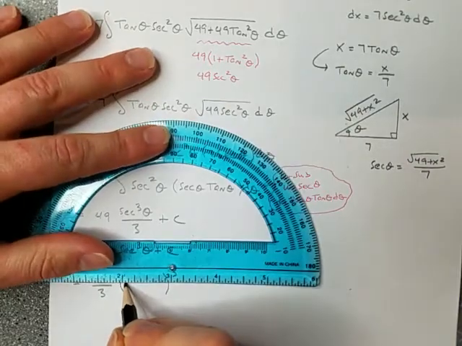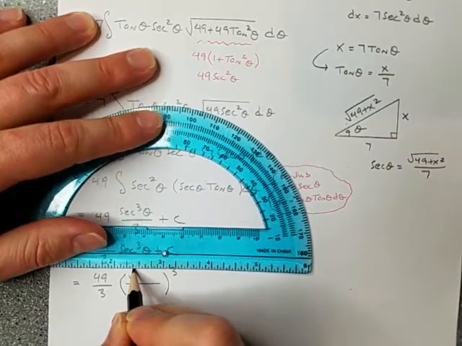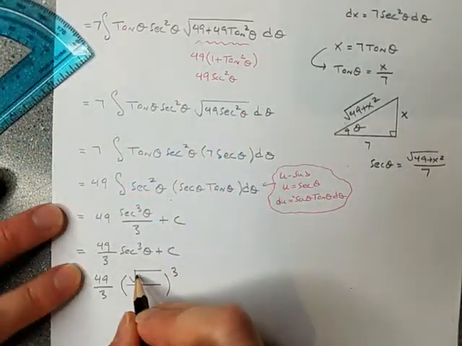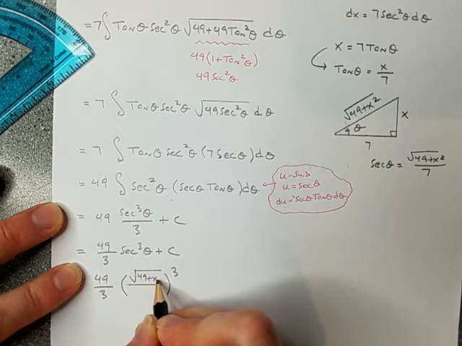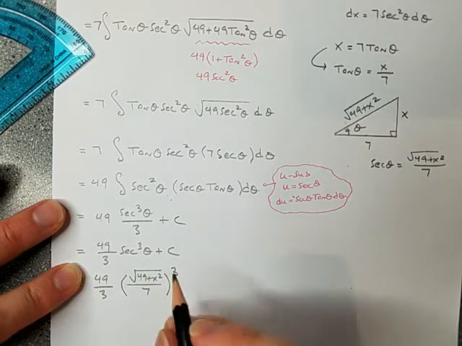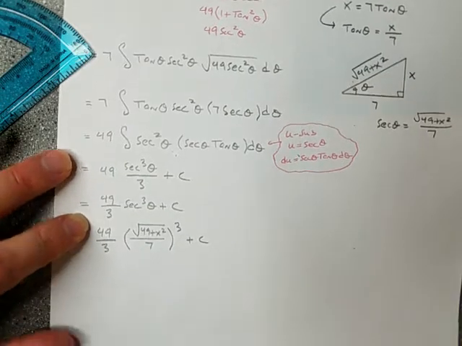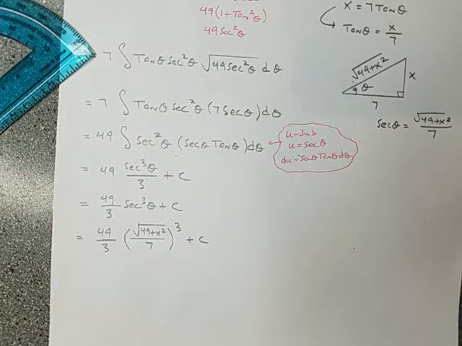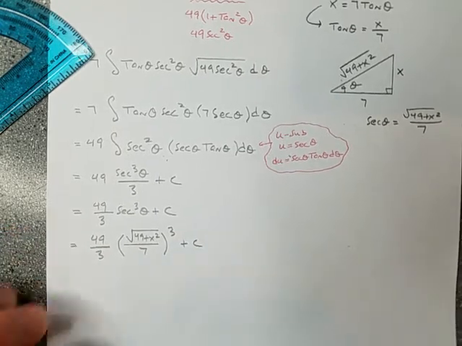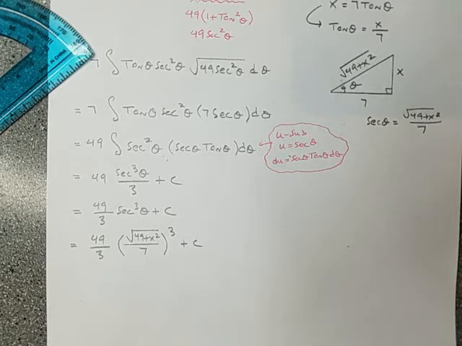So let's see, root 49 plus x squared over 7, plus c. Okay. And then we mostly got it. You're probably like, this thing's got to come to an end at some point. We're almost there.